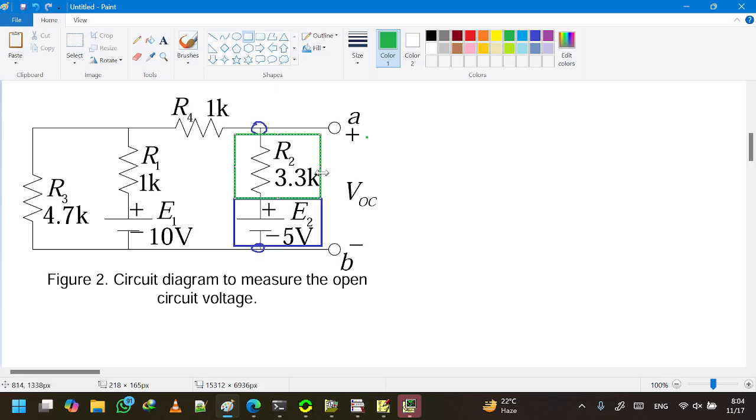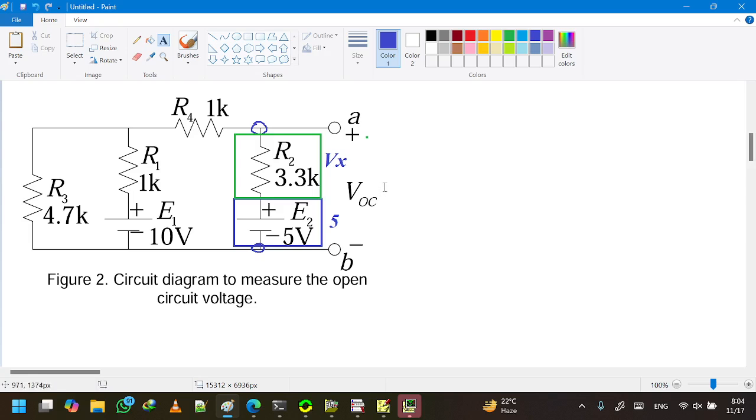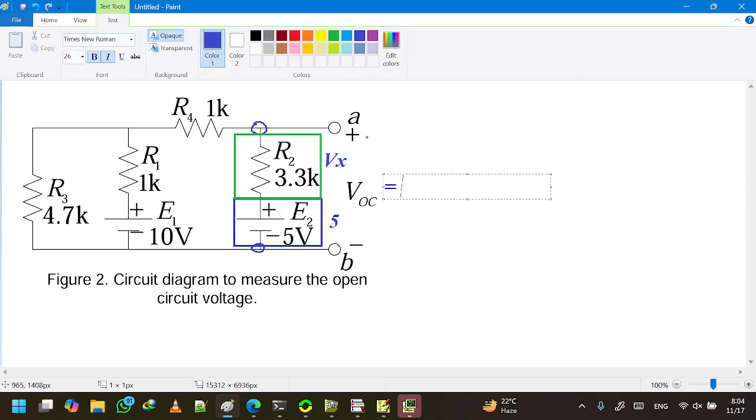So VOC is this 5 plus whatever this voltage is. Let's call it Vx. So our VOC will be 5 plus Vx.